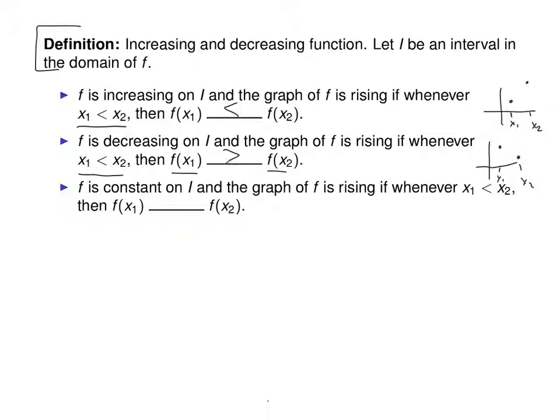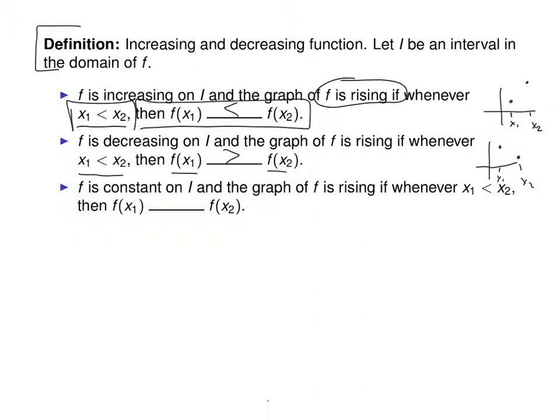The x1. I'm confused about what it's saying with the graph of f is rising whenever. Oh, yeah. It's increasing, and it's also saying what it means as a picture. The graph of f is rising whenever this is true, then this is always true. So what they're trying to say is that the graph is going up versus the graph is going down.